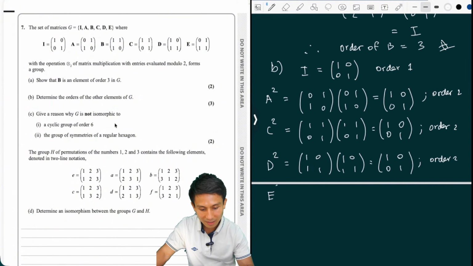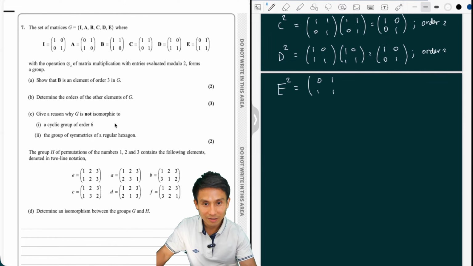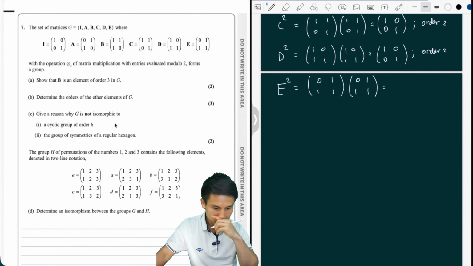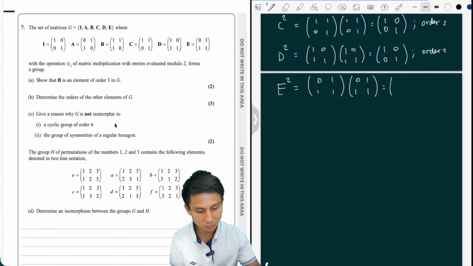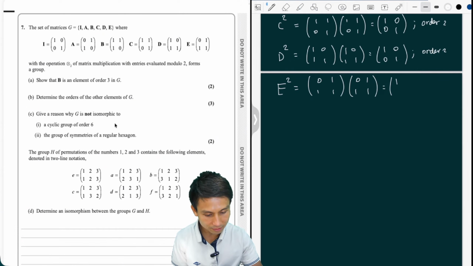And then E. Again, 0 plus 1 is 1. 0 plus 1 again is 1. 0 plus 1 is 1. 1 plus 1 is 2. Modulus 2 is 0.